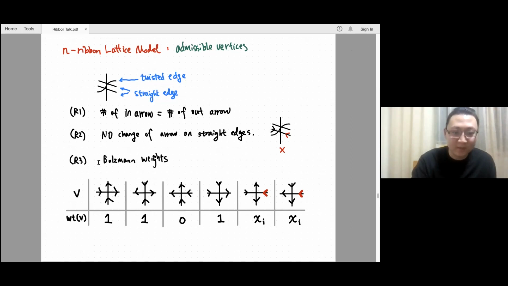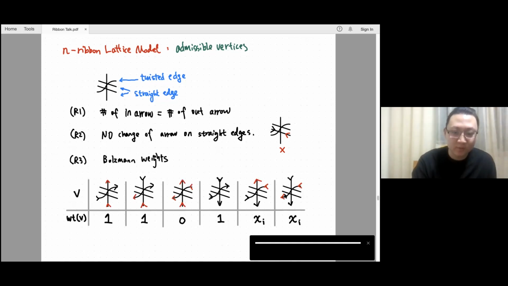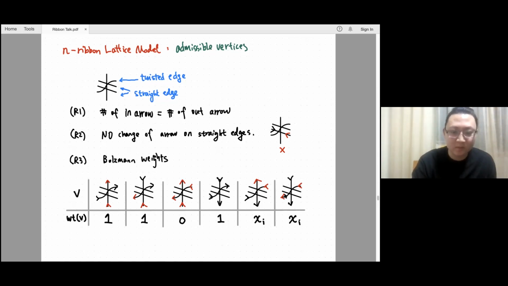And then we're going to define a Boltzmann weight on these ribbon vertices. What I've put here right now is the Boltzmann weight for our 6 vertex model or 5 vertex model. So these weights for the ribbon vertices are just q-analogs of the weights for the 6 vertex model.